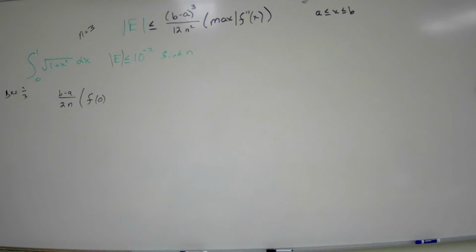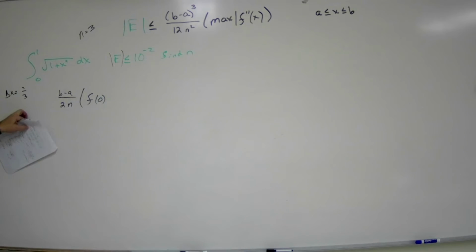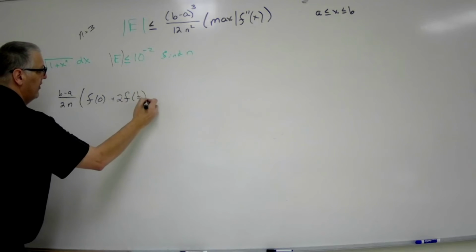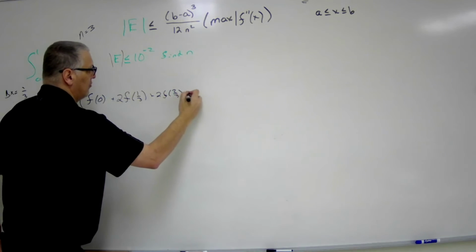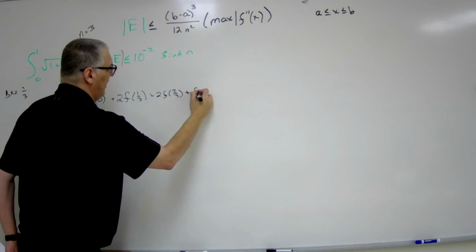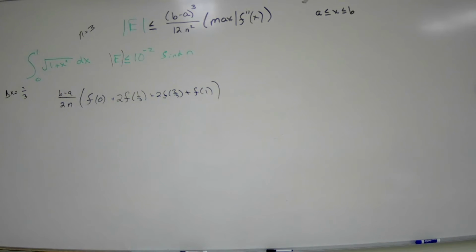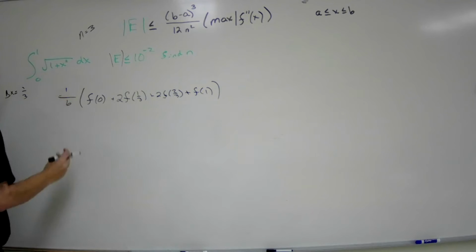B minus A, 1/3. So my next one is going to be f of 1/3. So plus 2 f of 1/3 plus 2 f of 2/3 plus, now we're to 3/3, so plus f of 1. And then this really becomes 1 over 6, 1/6.